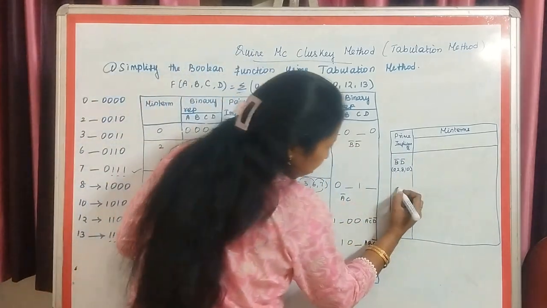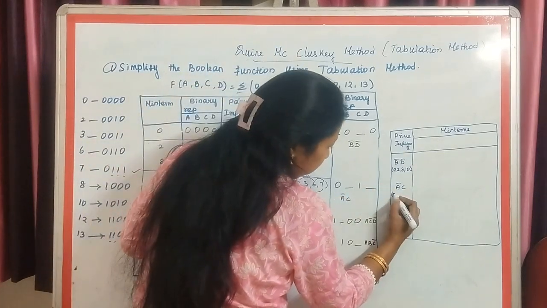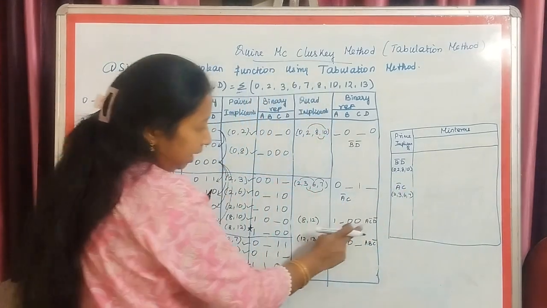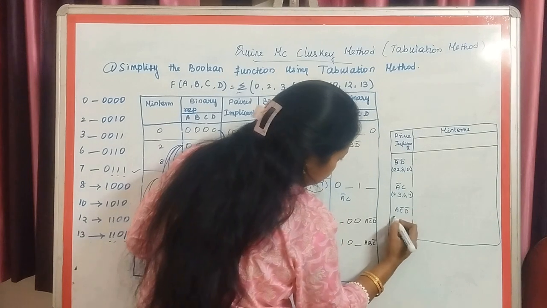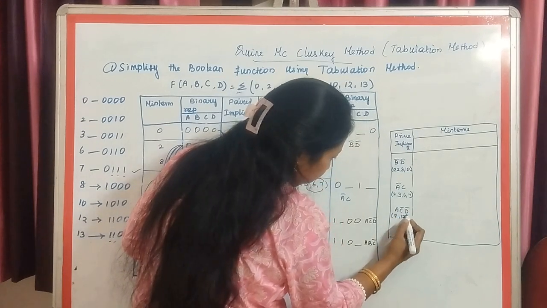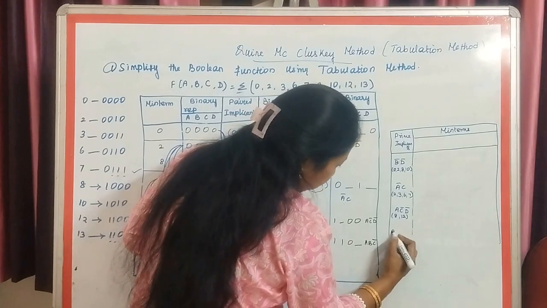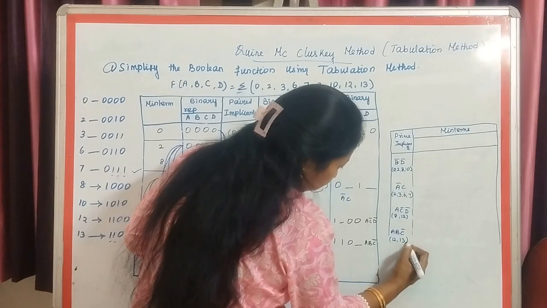Similarly for A bar C, it is 2, 3, 6, 7. So I'll mention 2, 3, 6, 7. Clear? And A, C bar, D bar, it is 8, 12. In a similar way, for A, B, C bar, it is 12, 13. Clear?